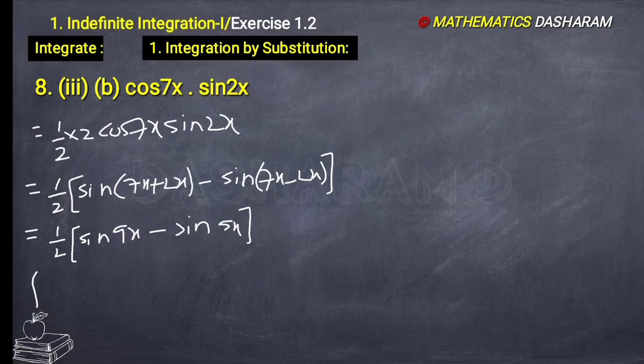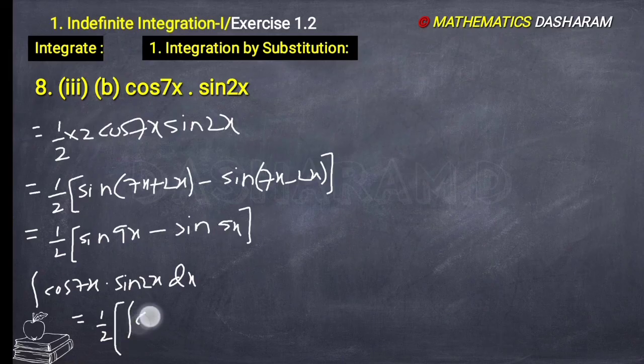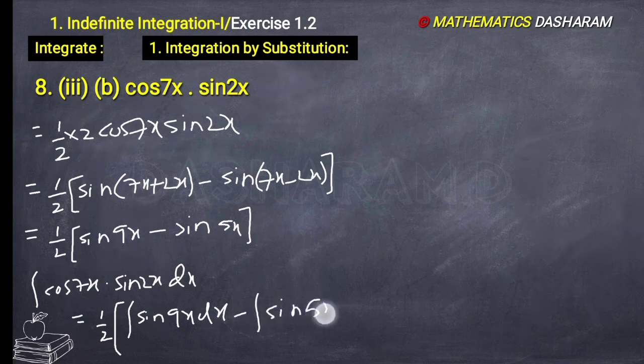So therefore the integration of the given question cos 7x into sin 2x dx is equal to integration, here 1 by 2 is a common constant, so 1 by 2, take the bracket, integration of sin 9x dx minus integration of sin 5x dx.